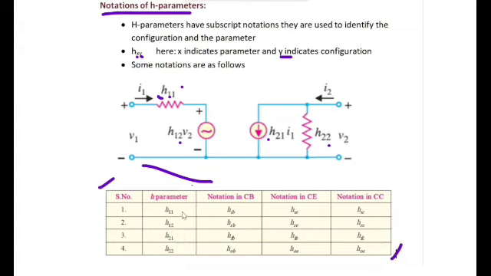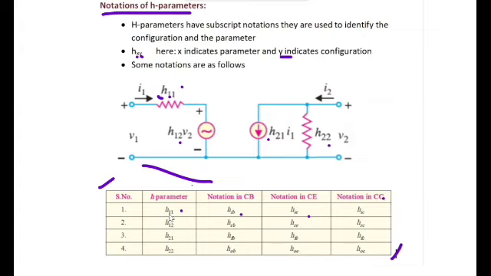If it is h11, then the notation in CB configuration is hib, in common emitter configuration it is hie, and in CC, that is common collector configuration, it is hic.